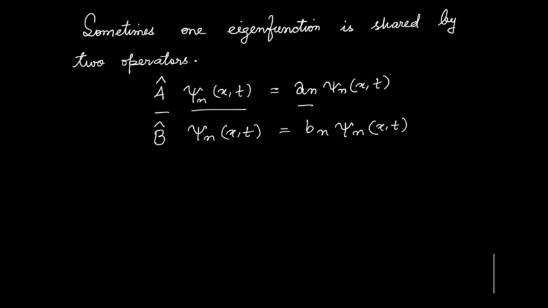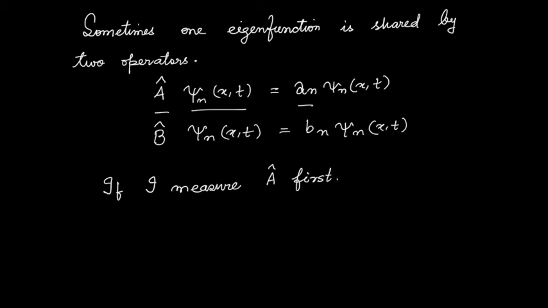Measurement in quantum mechanics is essentially operating by an operator, the measurement operator, which corresponds to the dynamical value you are measuring, and you operate that on the wave function, the state function.